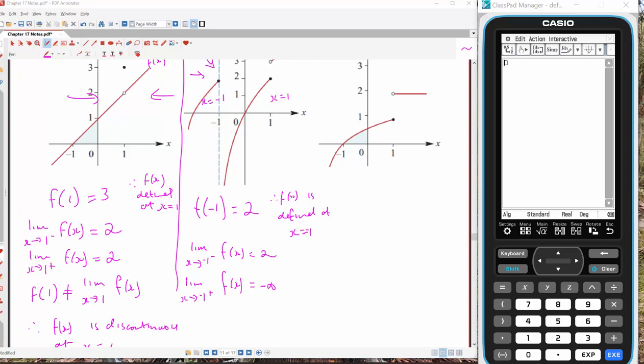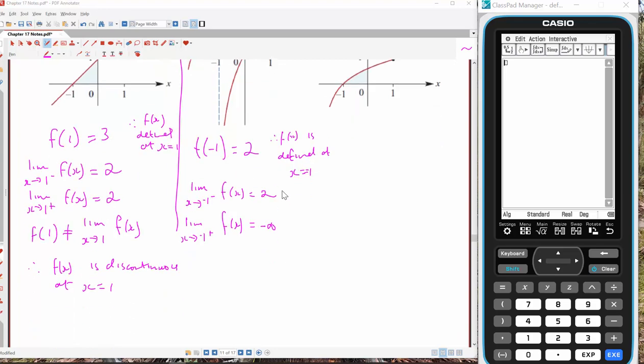So the way we're going to write that down is as follows. So this is our conclusion here. The limit as x approaches negative 1 from the left for the function is not equal to the limit as x approaches negative 1 from the right of the function.